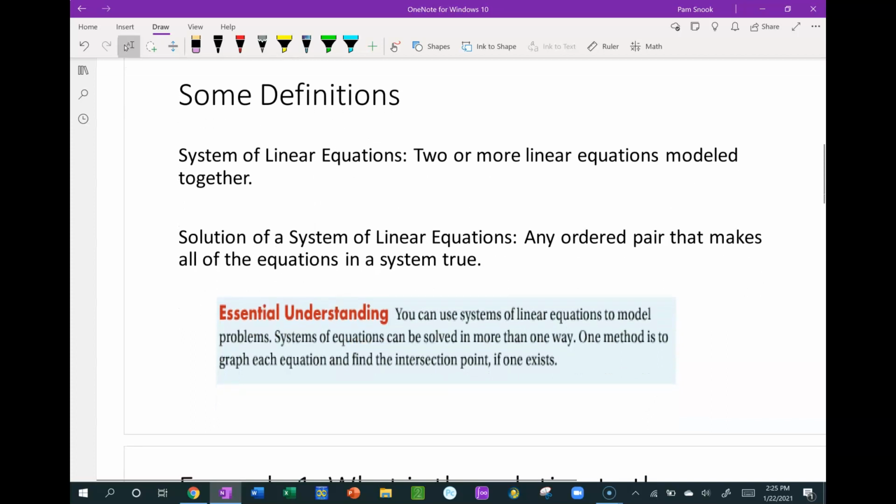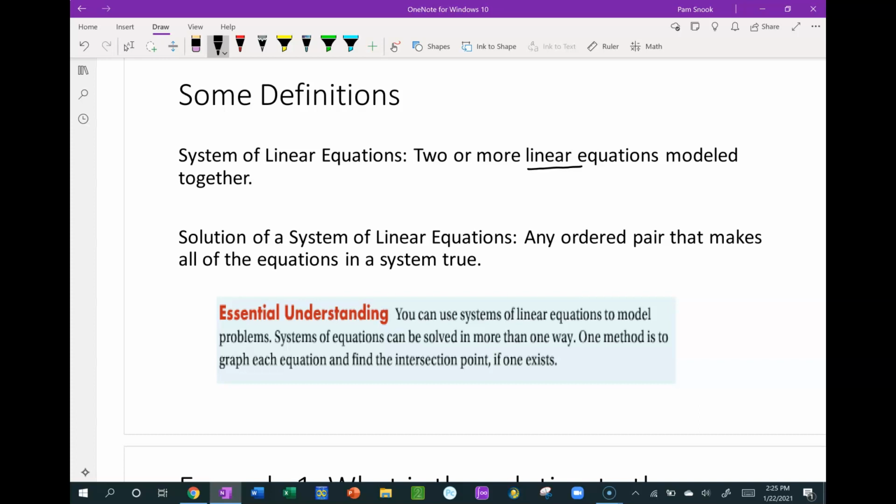So first off, before we get started, a system of linear equations means two or more linear equations that are modeled together. And what that means is that you have two equations, and each of them has both x and y.